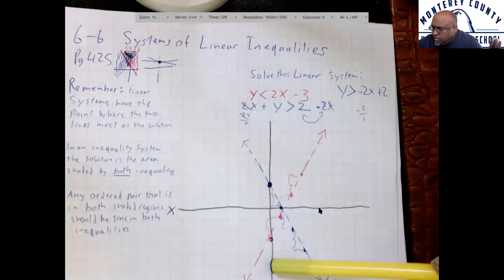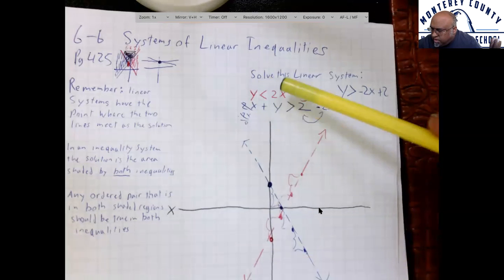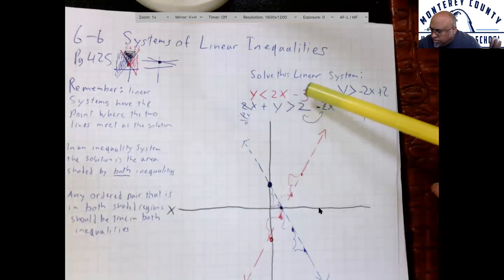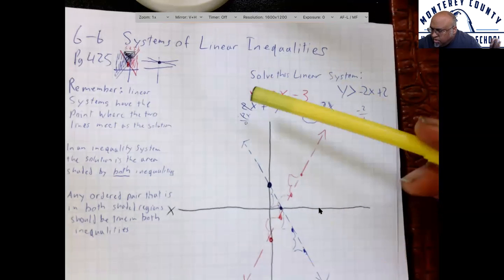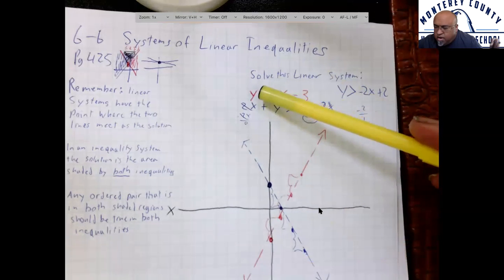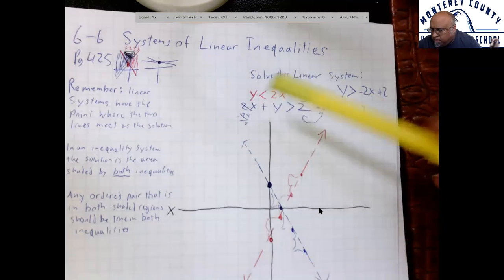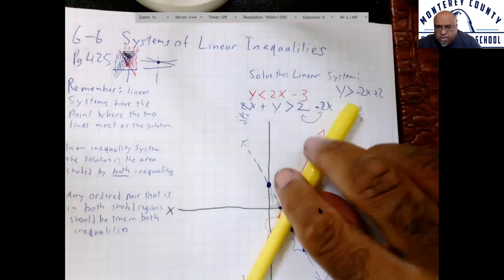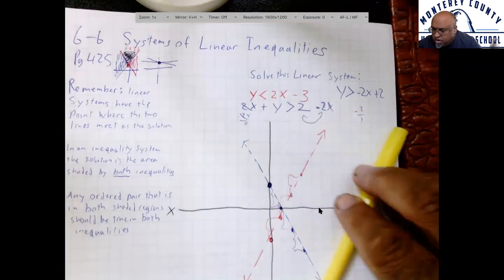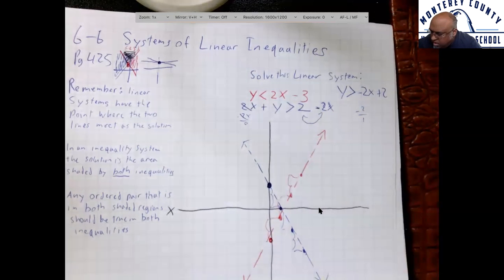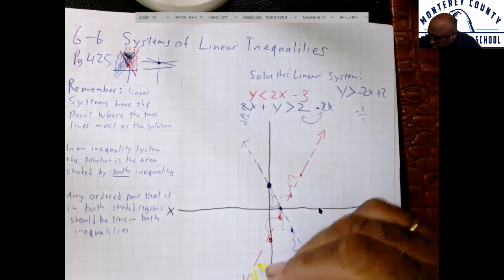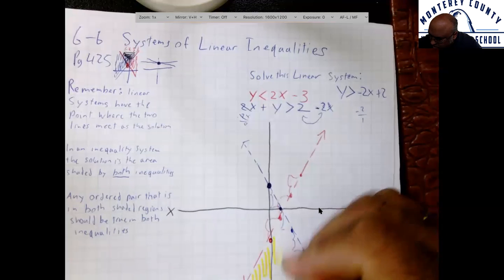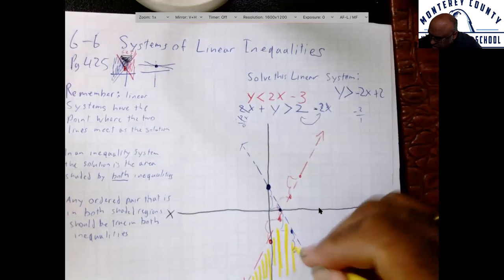Okay, the red line was y is less than 2x minus 3. Since y is less than, I shade everything below the line. So that means that if this is my line, everything below it should be shaded. Okay, so I'm going to go ahead and shade.